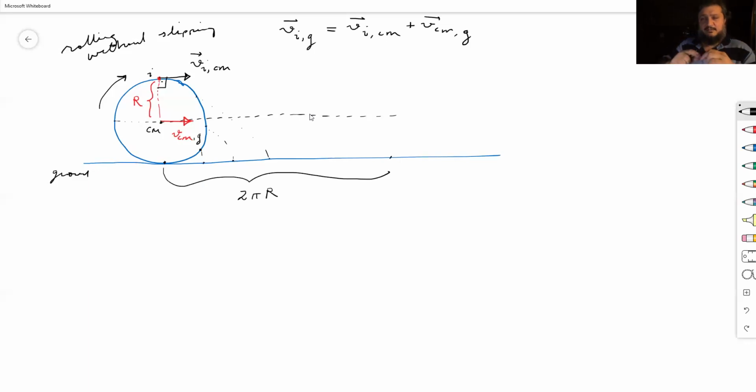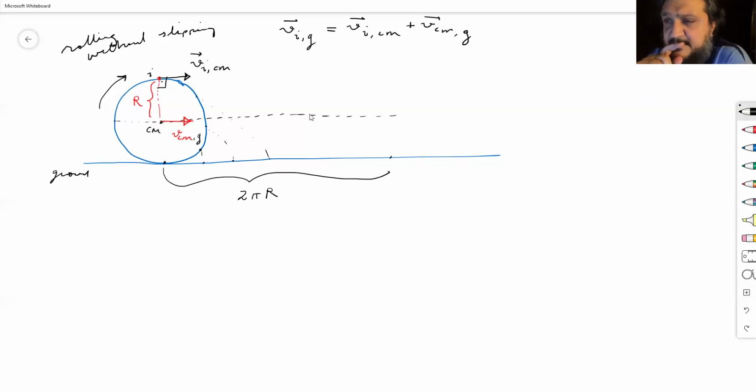If every point on the rim has a 1-to-1 relation or correspondence to the points on the ground, if it rotates one time, the center of mass has moved a distance 2 pi r. Okay, I think that makes sense, right?